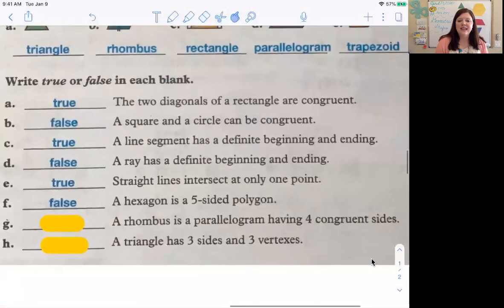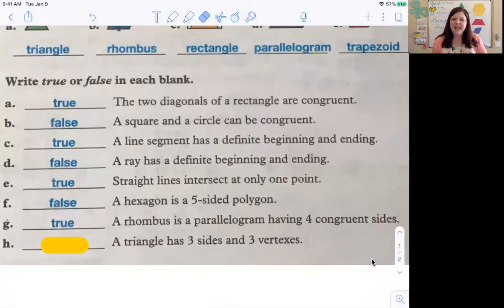Letter G, a rhombus is a parallelogram having 4 congruent sides. True or false? That is true. And lastly, a triangle has 3 sides and 3 vertexes. What does tri mean? Tri means 3. That is a true statement.